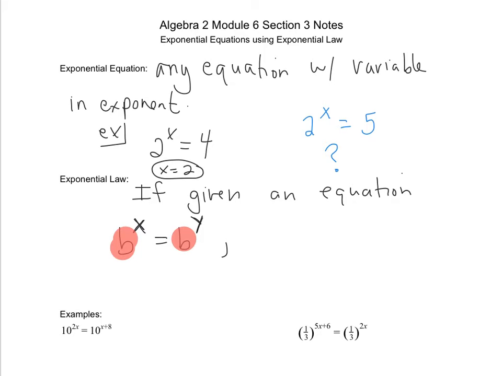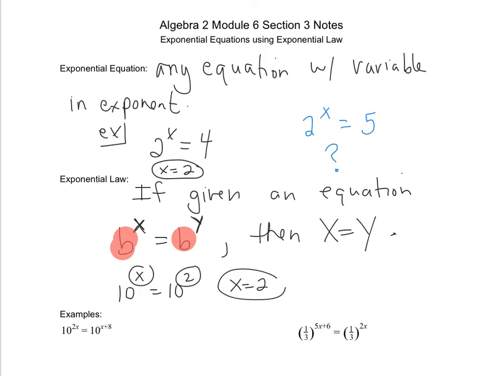So if b to the x equals b to the y, then x equals y. So if we have 10 to the x equals 10 to the 2, really we can just ignore the bases and just set the tops equal, so it would just be x equals 2. If the bases are the same, you can just set their exponents equal. This is what's called the exponential law.